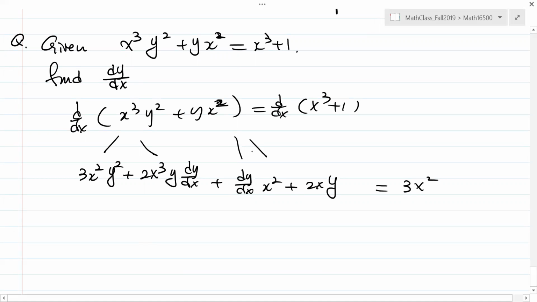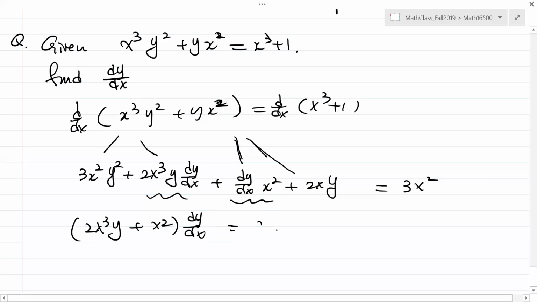It would be a good idea, if you apply the product rule, to make sure you have two terms. You can draw two lines like that, so you get two terms. Then you mark those terms containing the derivative. All right. So you get 2x cubed y plus x squared times dy/dx.